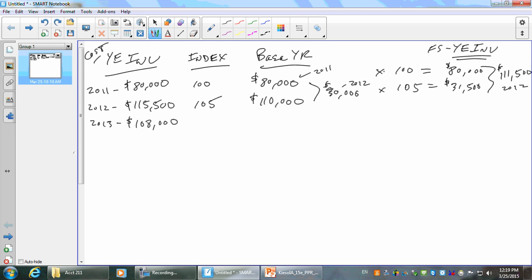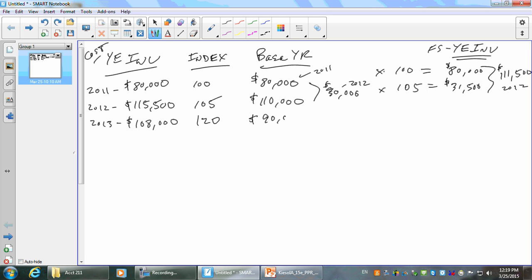What do you bet we have a decline in the inventory? Bet we did. What's the index? 120? Wow, they had a lot of inflation, didn't they? Cost 120% of what it would have cost the base year to buy that inventory. Got it? Okay, so divide 1.2 into 108. What do you get? Is that 90?